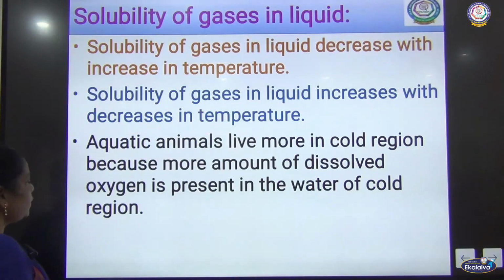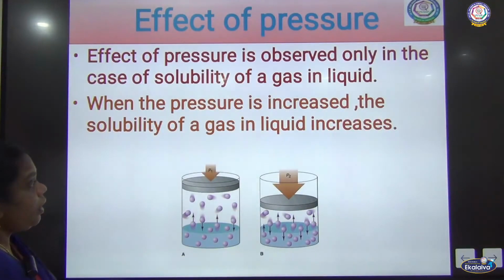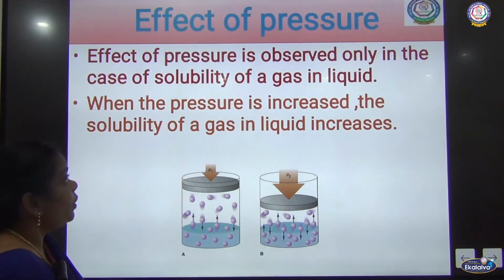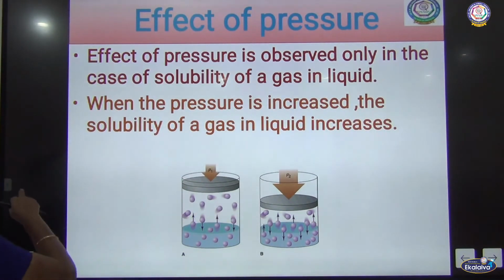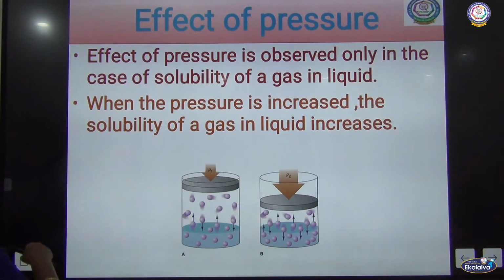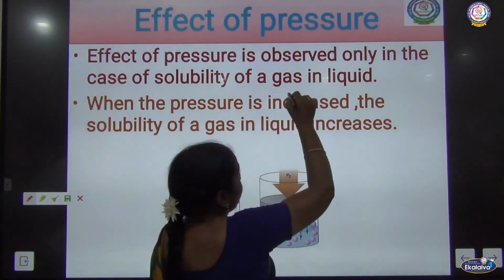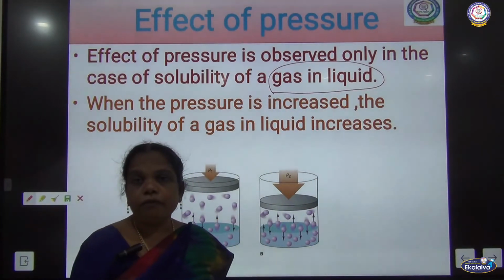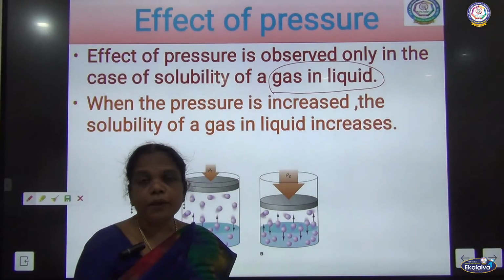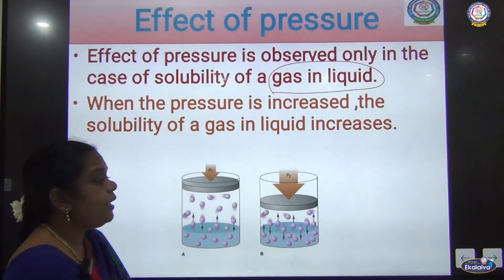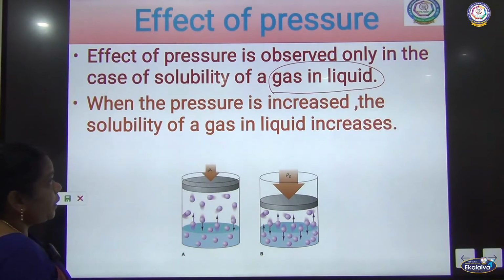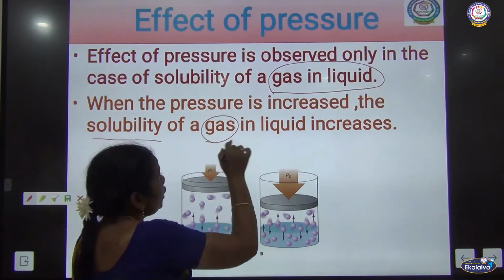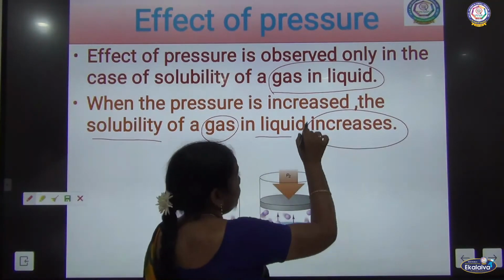And next one is the effect of pressure. The effect of pressure is observed only in the case of solubility of gas in liquid. When the pressure is increasing, the solubility of gas in liquid increases.